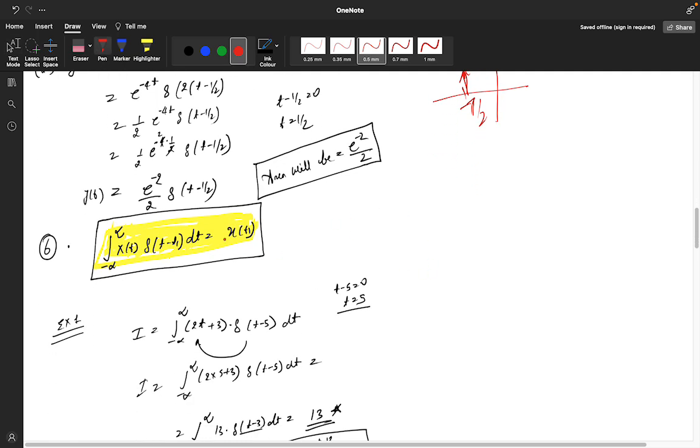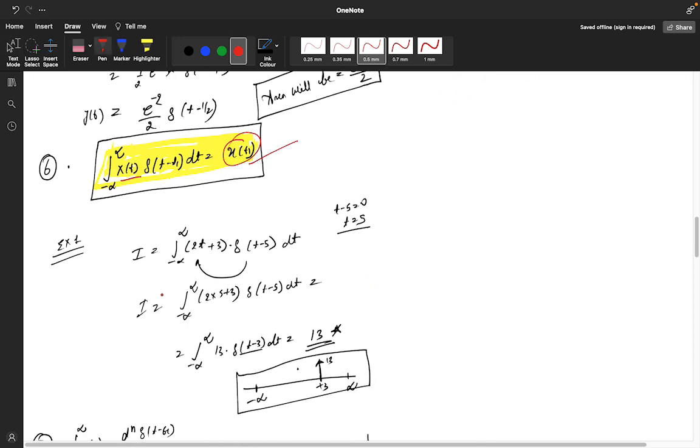Okay, it can be used in the integration function. If you have x of t into delta t minus t1, integrated from minus infinity to infinity, the value will be only x of t1, nothing else. Suppose you have an example, minus infinity to infinity of 2t plus 3 into delta t minus 5.